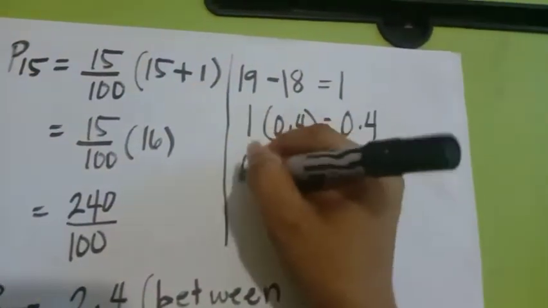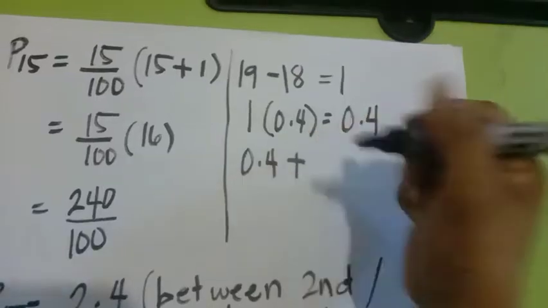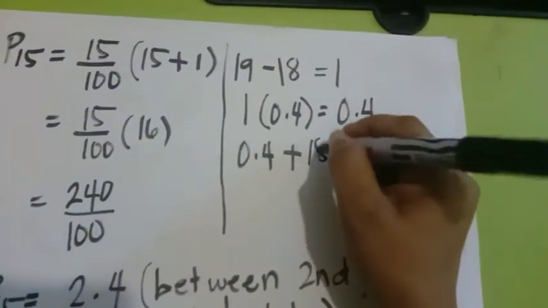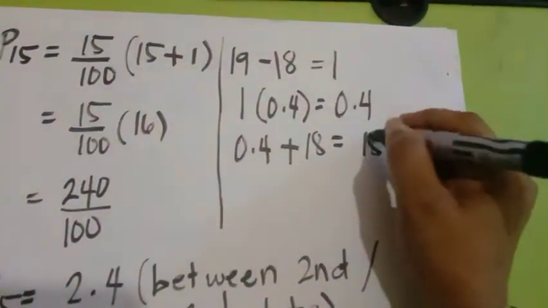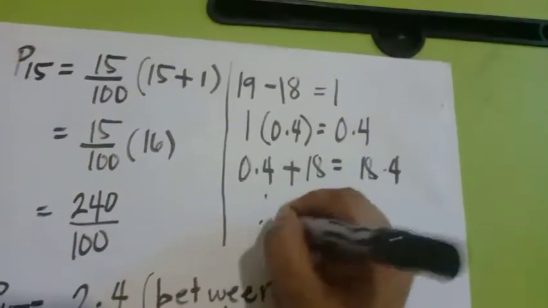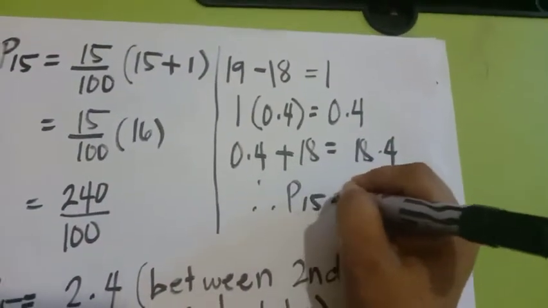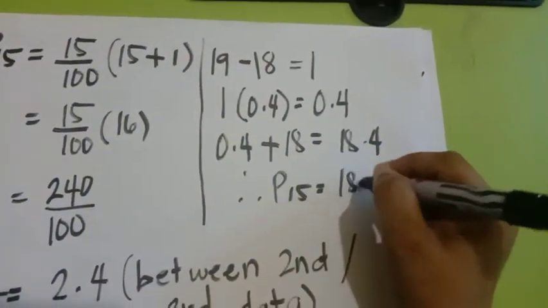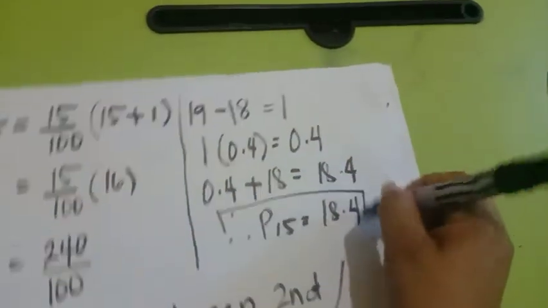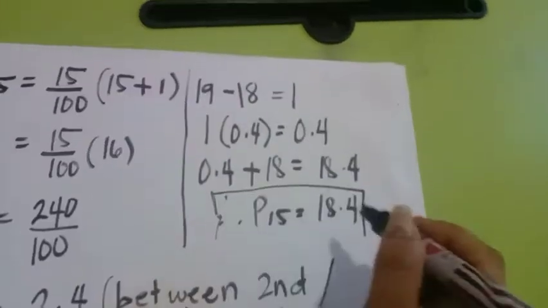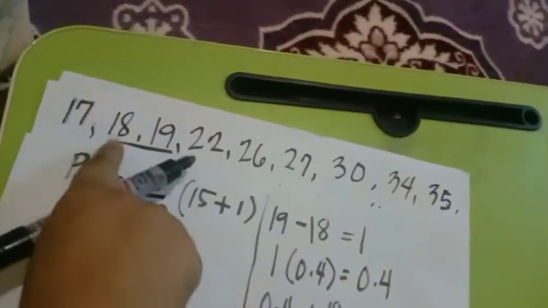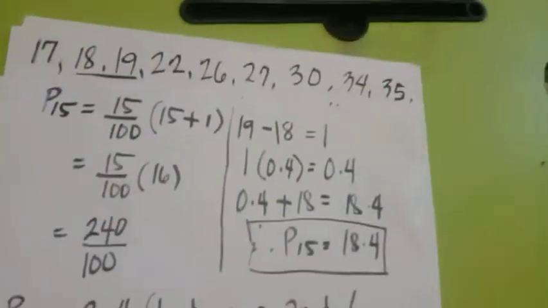And then yung 0.4, i-add natin doon sa lower data which is 18. Kaya ang sagot ay 18.4. Therefore, P15 or the 15th percentile is 18.4, which makes sense kasi yung 18.4 ay nasa pagitan ng 18 and 19.